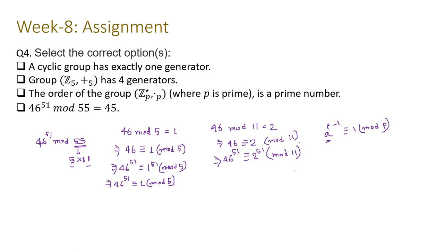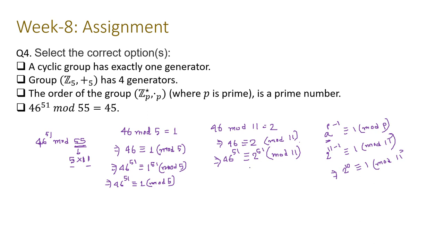Now considering the modulo 11 space, 2 is co-prime to 11. So using Fermat's little theorem, we can write 2 to the power 11 minus 1 is congruent to 1 modulo 11. That gives us 2 to the power 10 is congruent to 1 mod 11.